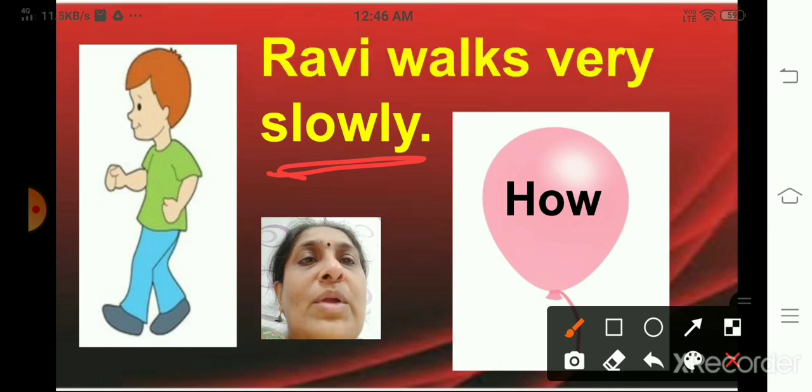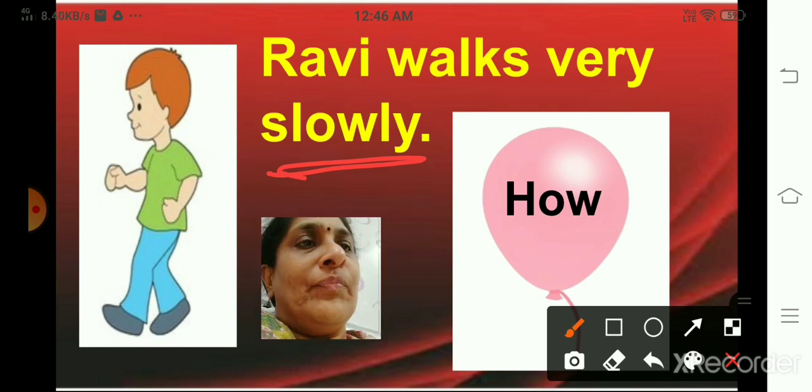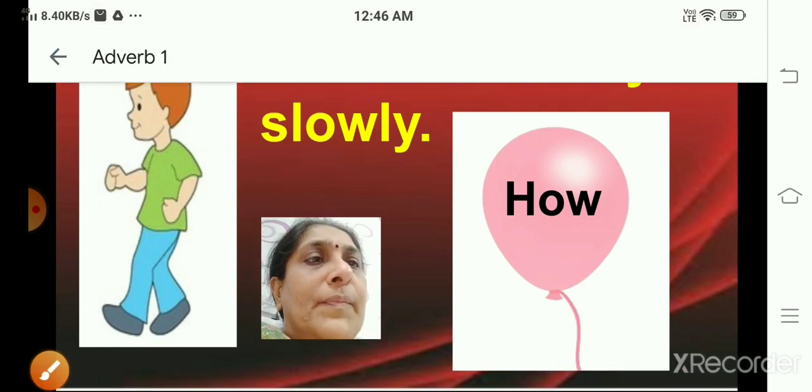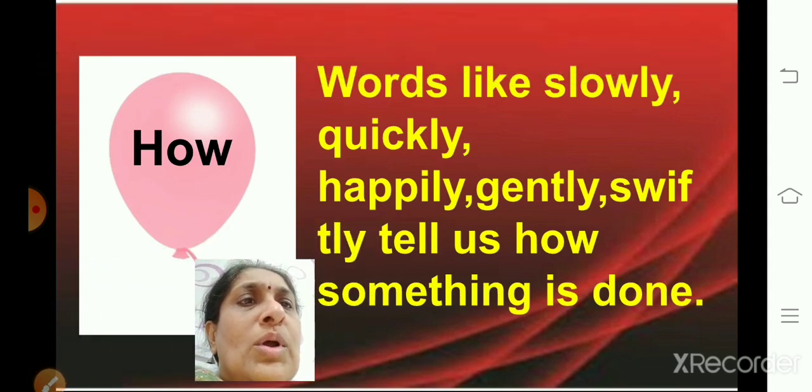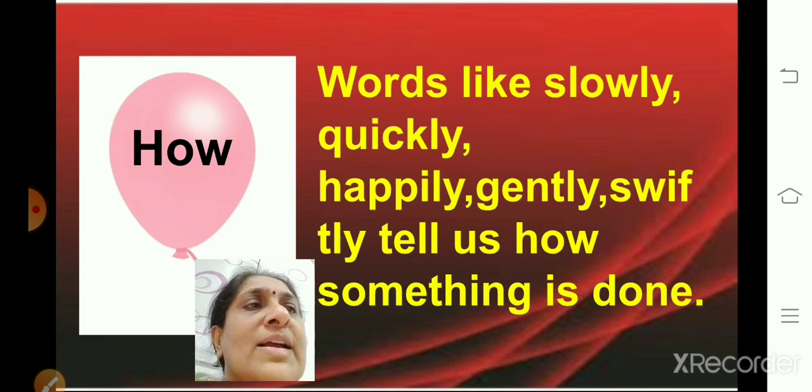How does Ravi walk? Ravi walks very slowly. So, words like slowly, quickly, happily, gently, swiftly tell us how something is done.